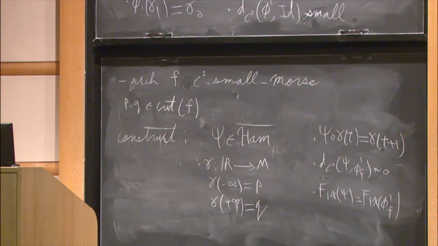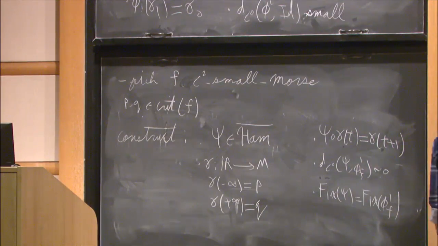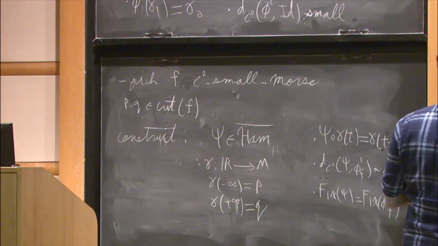So how does that work? Suppose P is here. So here's a picture. P is here. I'll put Q over here. And I'll assume that P is not an elliptic fixed point.